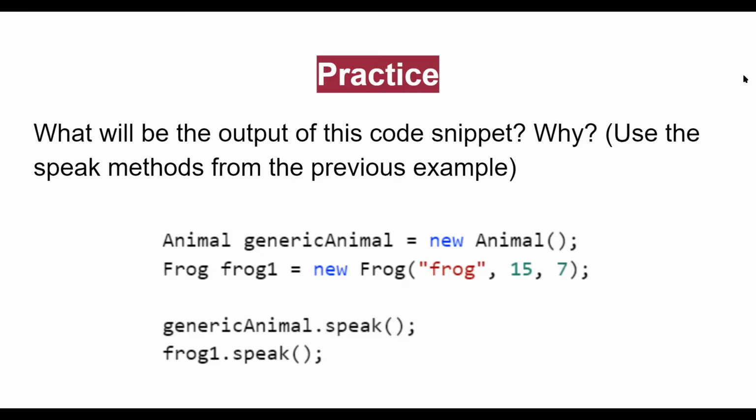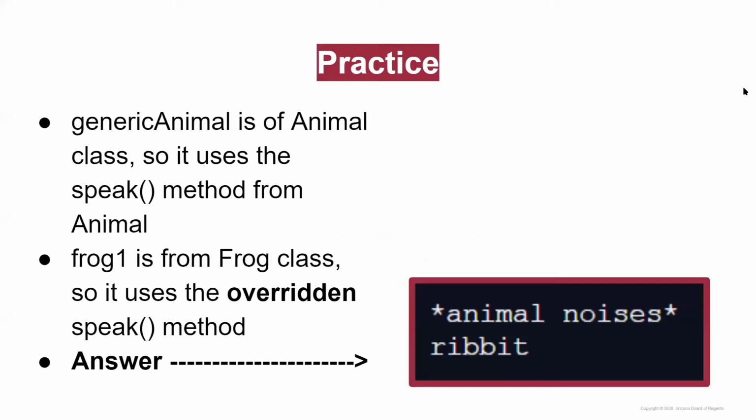All right. Hopefully you've had a second to try and figure out what's going on here. So let's go over it. Generic animal is of animal class, so it uses the speak method from animal.